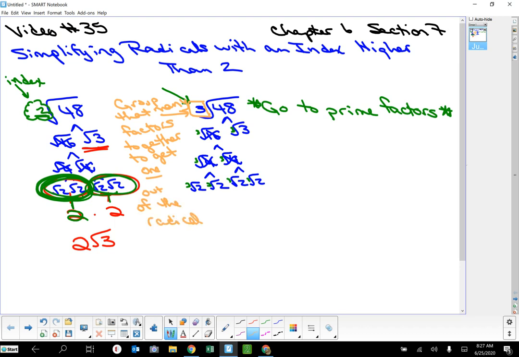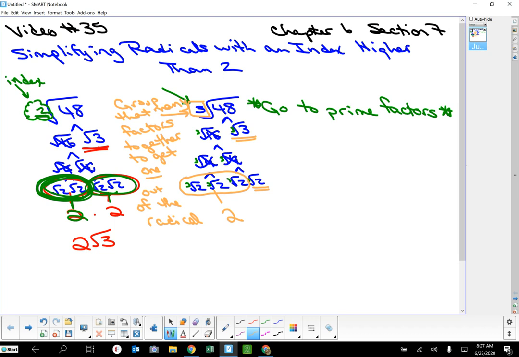So here's what I mean by that. In this one, the index is 3, so I need to group 3 of the same number together to get 1 out of the radical. Just like in the last problem, you had to group 2 together to get them out of the radical. Anything left over, if you can't group them into 3s, will get multiplied.